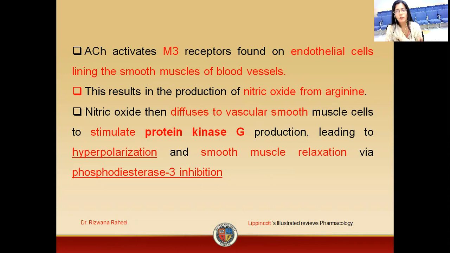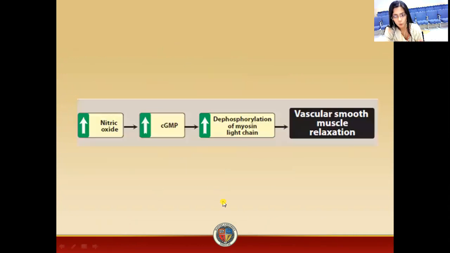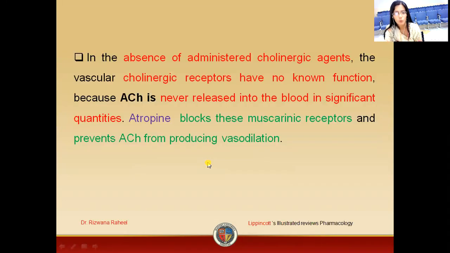Additionally, it will cause relaxation of the smooth muscles by phosphodiesterase 3 inhibition. So additionally, what is happening? This is actually increasing the level of cyclic AMP within the cell. As a result, there will be dephosphorylation of the myosin light chain. Due to this dephosphorylation of the myosin light chain, there will be relaxation of the vascular smooth muscles.